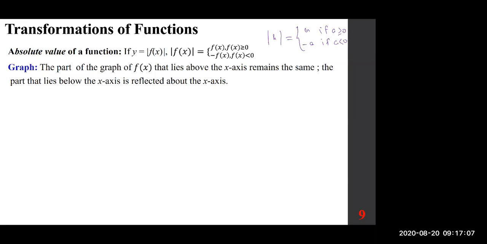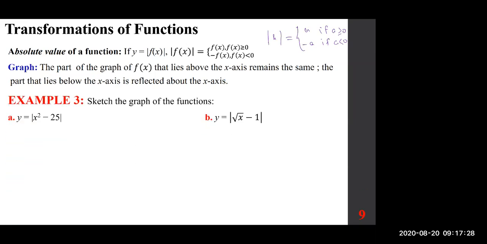So, how do we graph the absolute value function? There are two parts to it, or maybe a bunch of parts. The part that is above the x-axis remains intact, nothing changes. The part below, however, will flip over. So here's what's going to happen. We're going to look at the very first simple example.